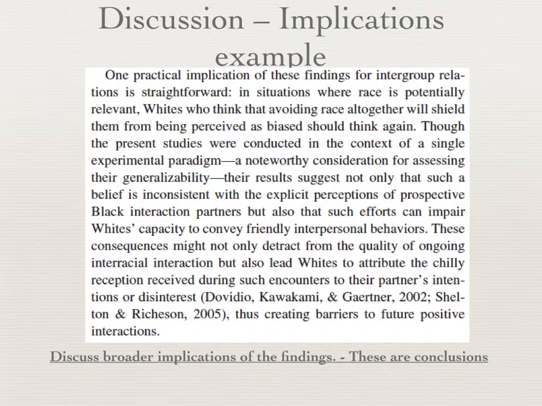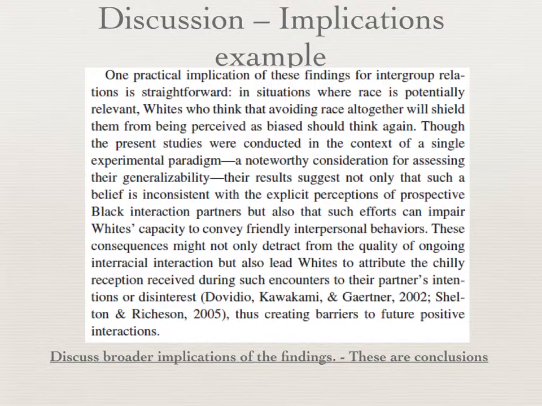Again, they talk about the broader implications of these findings. These really are conclusions. Sometimes there's not a specific conclusion section. Sometimes we really just have the implications talked about in that general discussion area or in that discussion area. So one practical implication of these findings for intergroup relations is straightforward.